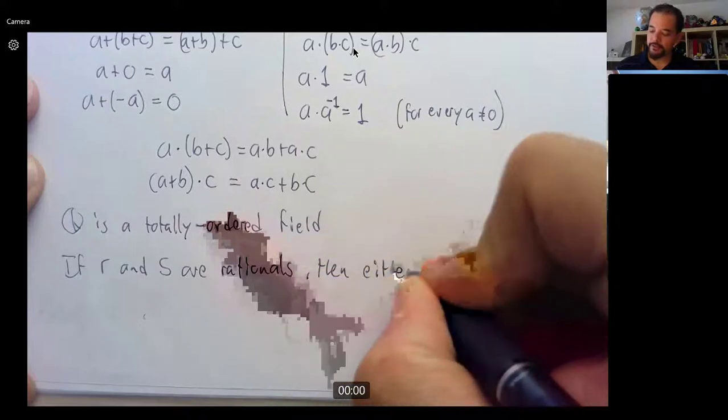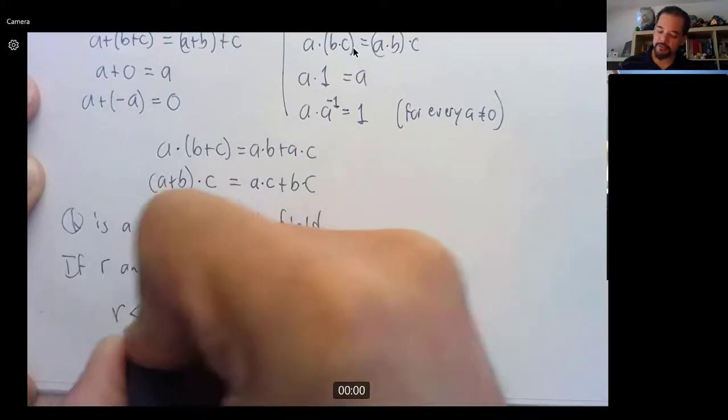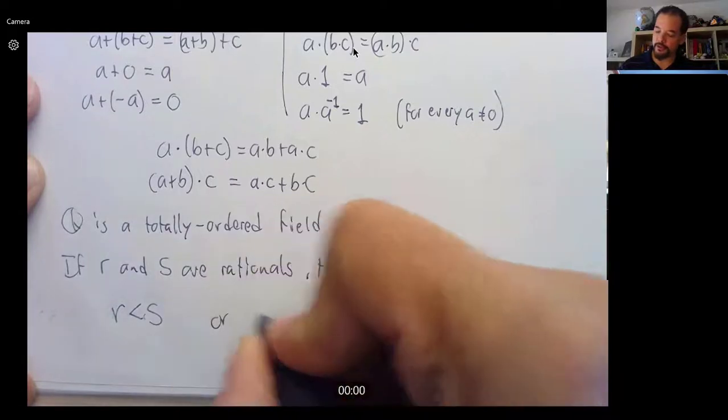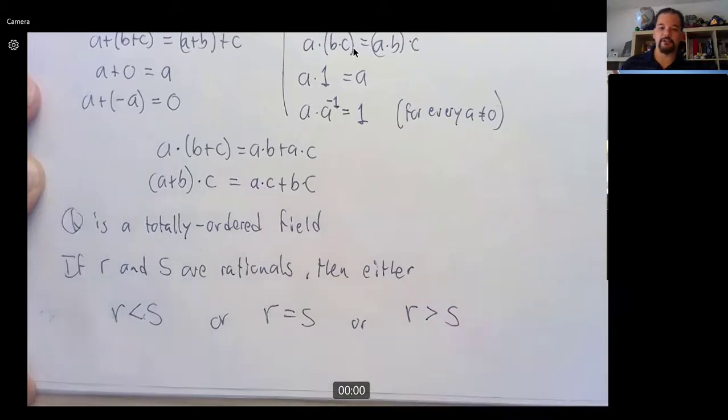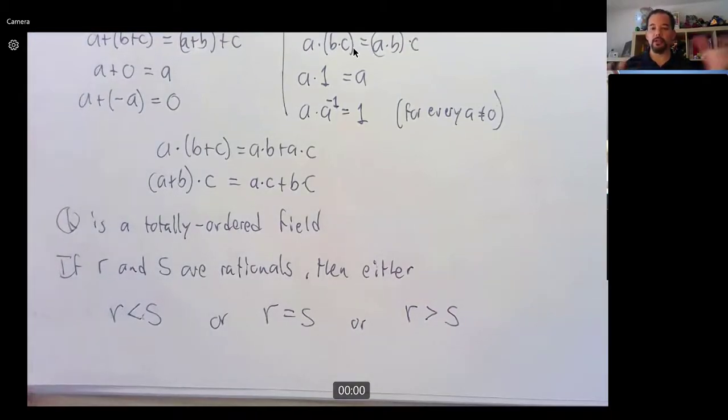One of these three things should happen: either R is less than S, or R is equal to S, or R is greater than S. That's awesome. We get to compare any two numbers, and we can tell which one is bigger. Sometimes not in an easy way, but we should be able to tell which one is bigger.